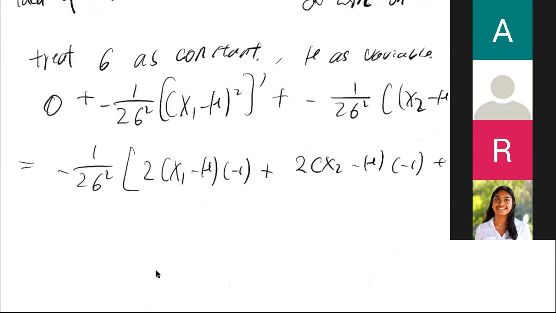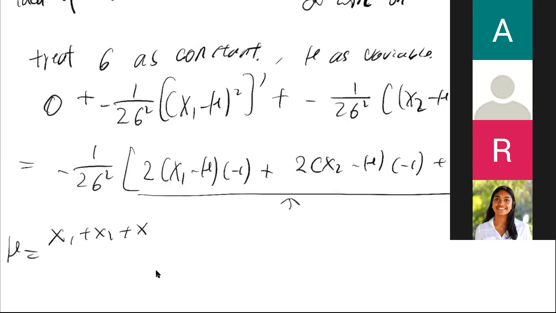And we set this first derivative equal to 0, and after the computation, mu has to equal (x1 plus x2 plus x3 plus x4) over 4.